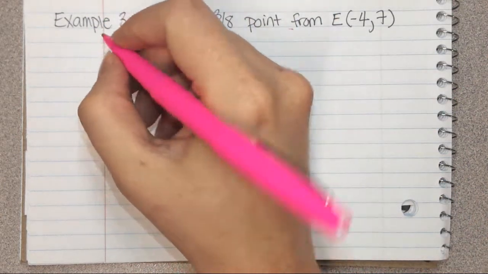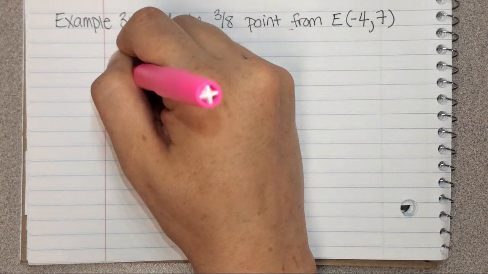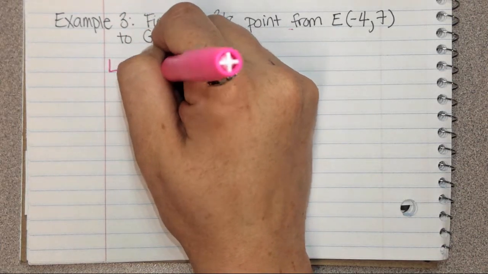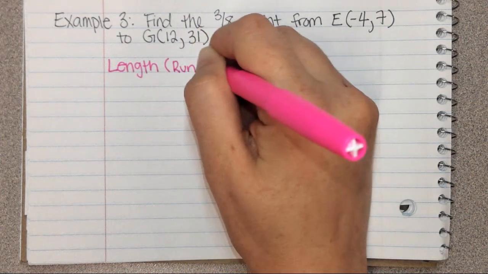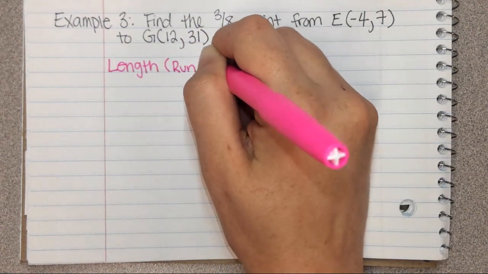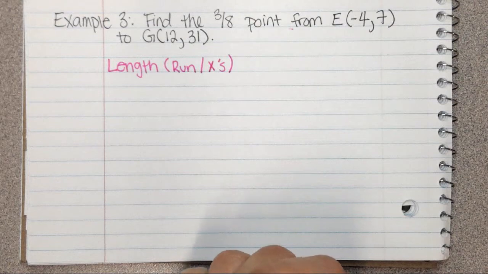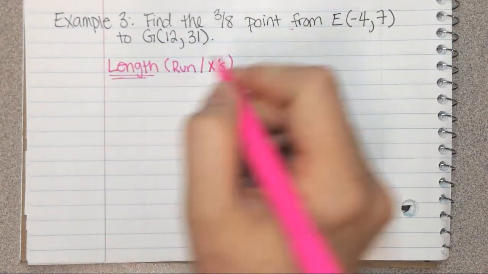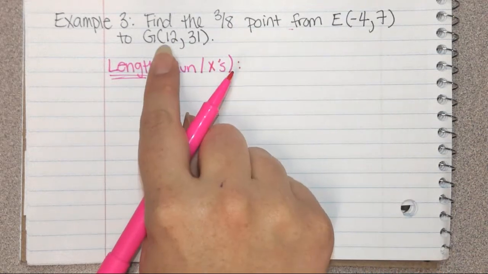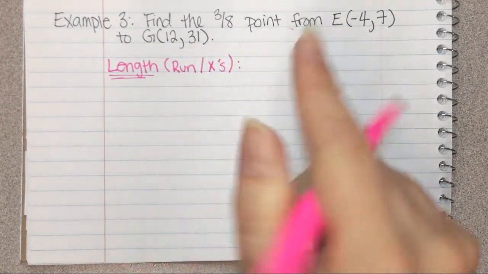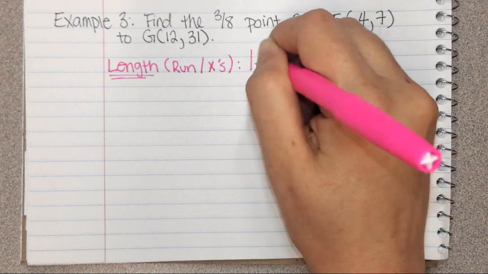So we'll start with our x-coordinates. We're going to find the length of the run, or in other words, our x's. The way that we find the length between two numbers is we take those two numbers and subtract them.